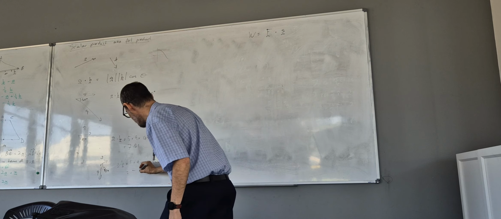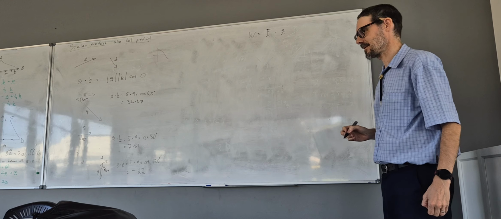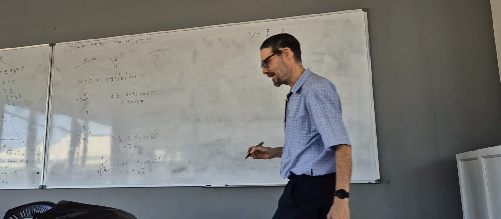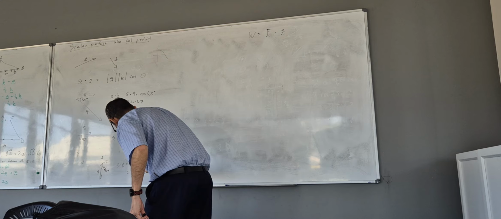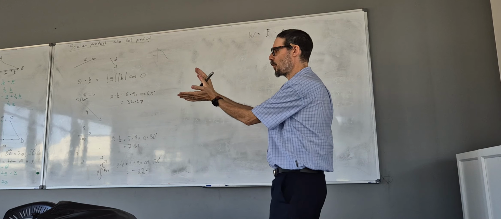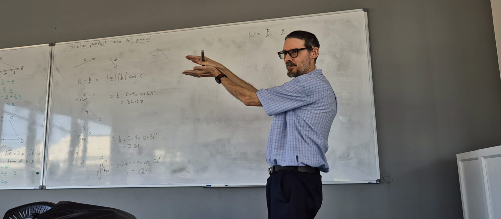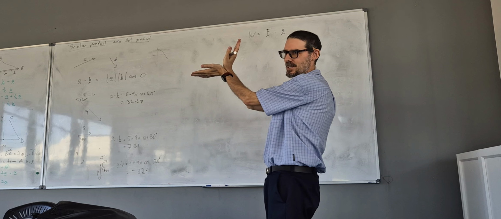Negative 22.5. What happened? It went negative. Yeah, because these vectors are now pointing away from each other. Similar direction, positive dot product. Opposite direction, negative dot product.